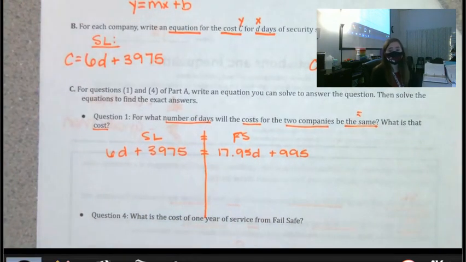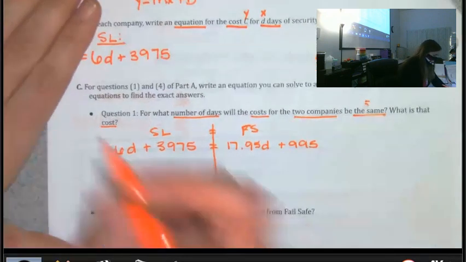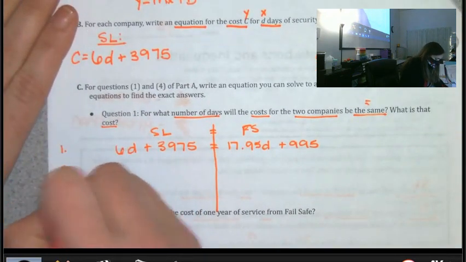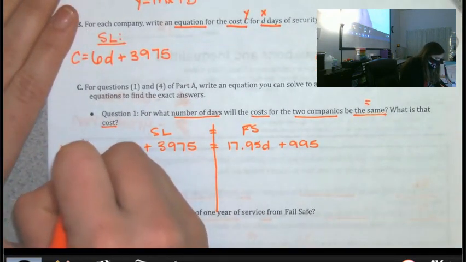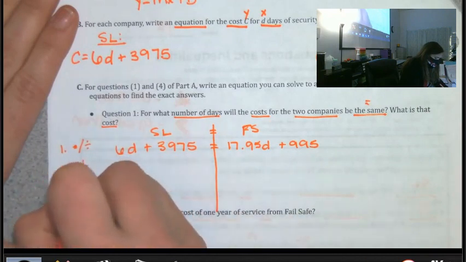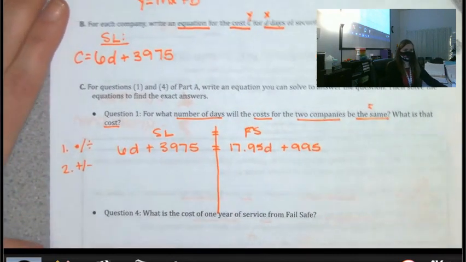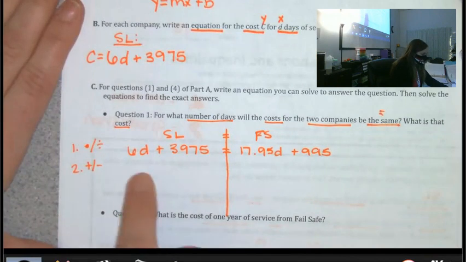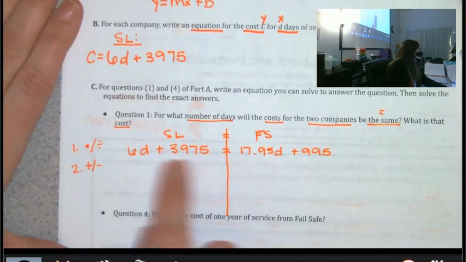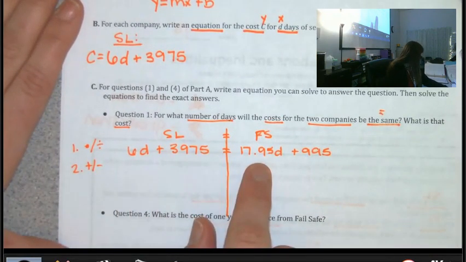And now I solve. I'm going to use my two-step equation rules, which I'm going to write over here. Remember, if I'm multiplying, you're now going to divide. If you're adding, you're going to subtract. But when you see two variables, you're going to move the smaller variable first.